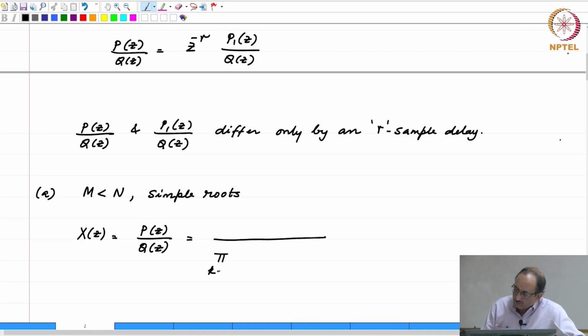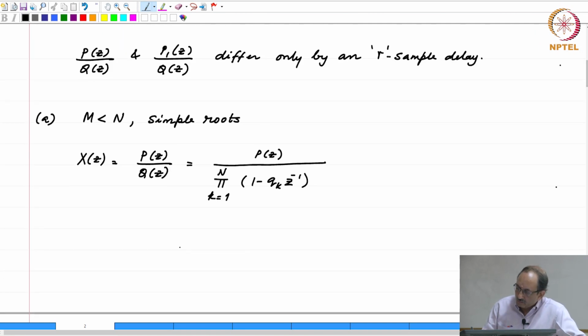So, the very first thing that you do is factor the denominator, and this of course is P of z, and this is written as the sum over k going from 1 to capital N of A k by 1 minus q k z inverse.